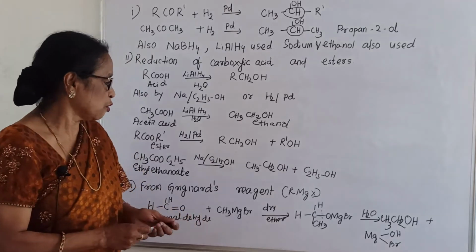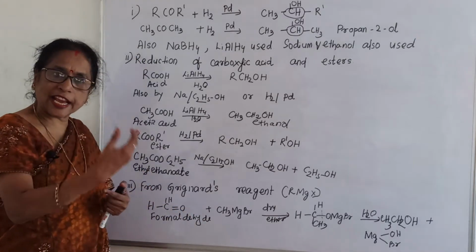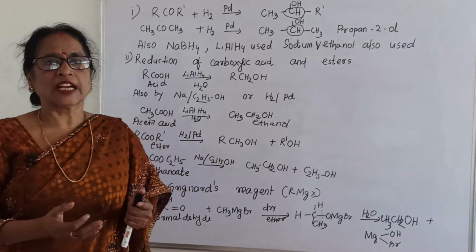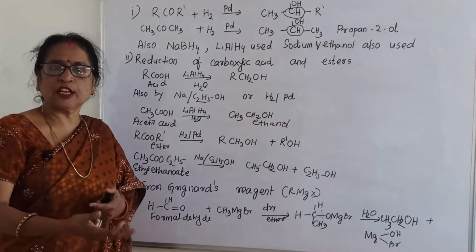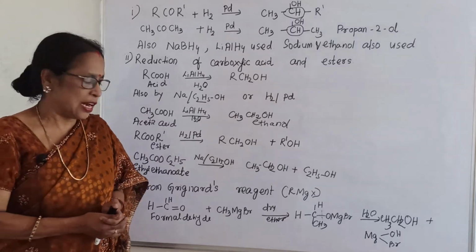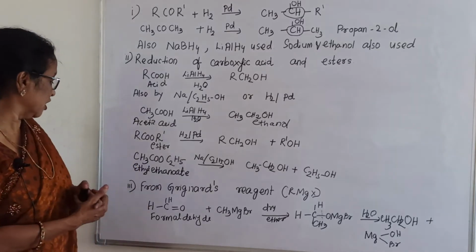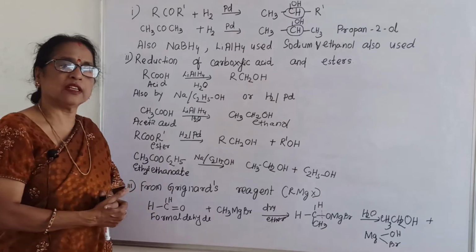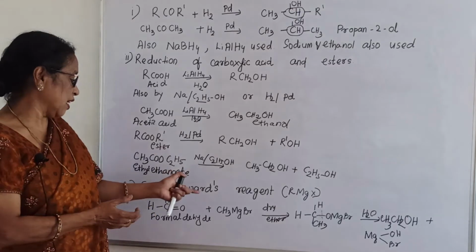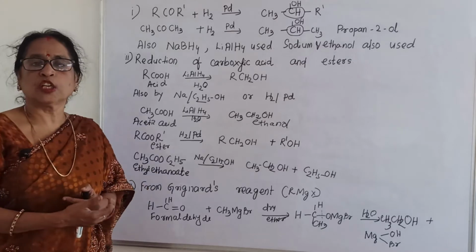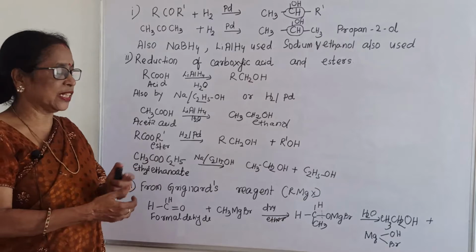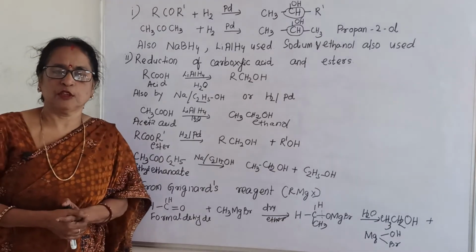You will read this reaction again in the chapter on aldehydes and ketones, where you will see how aldehydes and ketones give different types of alcohols, and after that how other carbonyl compounds react with RMgX, known as Grignard's reagent, and undergo hydrolysis. What is the main alcohol product and what is the byproduct, you will see in the next reaction.